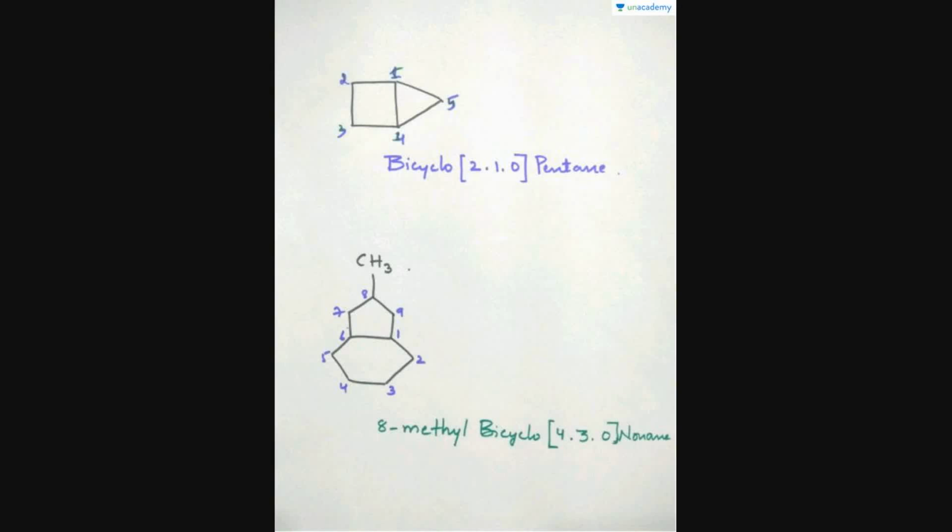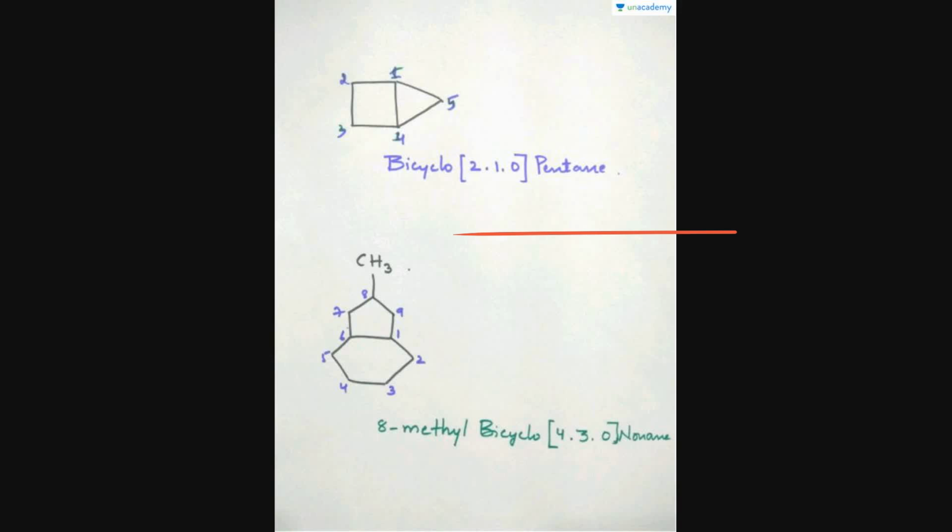So here we have 5 carbon atoms, so it is pentane, and the bicyclo prefix is given. We have 2 carbon atoms in this bridge, no carbon atoms in this, and 1 carbon atom here. So this becomes bicyclo 2.1.0 pentane.